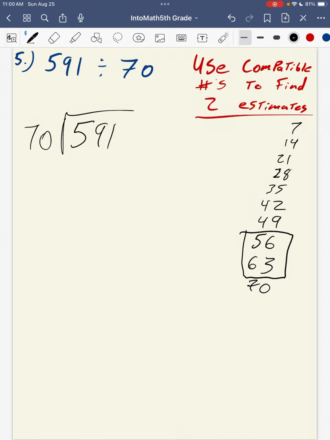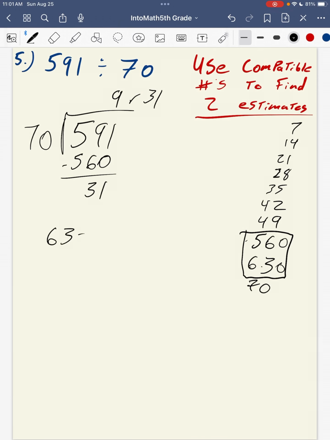My two closest numbers here are the 9th and 10th multiple. The 9th multiple gives me 560, and my 10th multiple 630. So, if I say it is times 9, that leaves us with a remainder of 31.